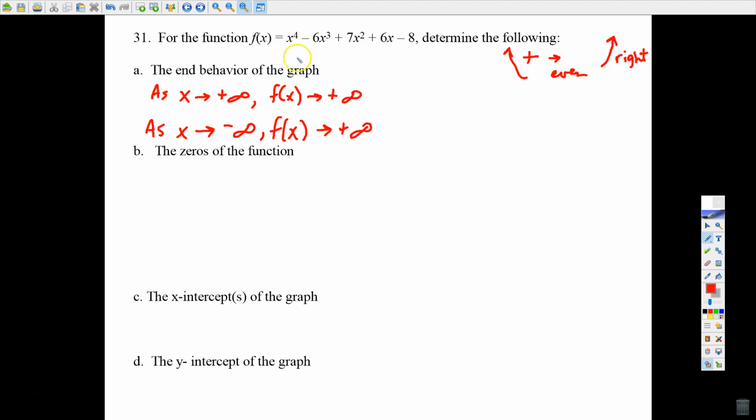To find the zeros of a function, since we can't factor and this isn't quadratic, so we can't use the quadratic formula, we're going to use the rational root test and synthetic division. We set up a little table. And remember, we use the coefficients across the top.